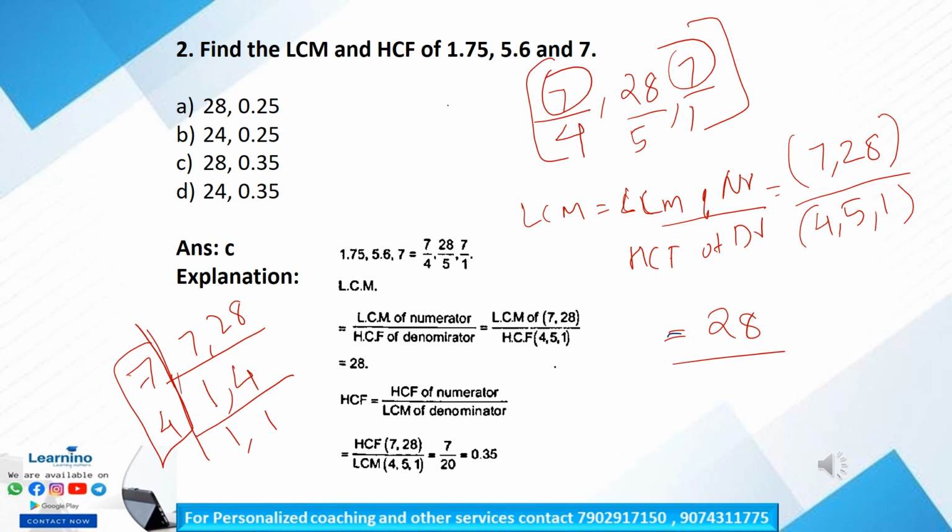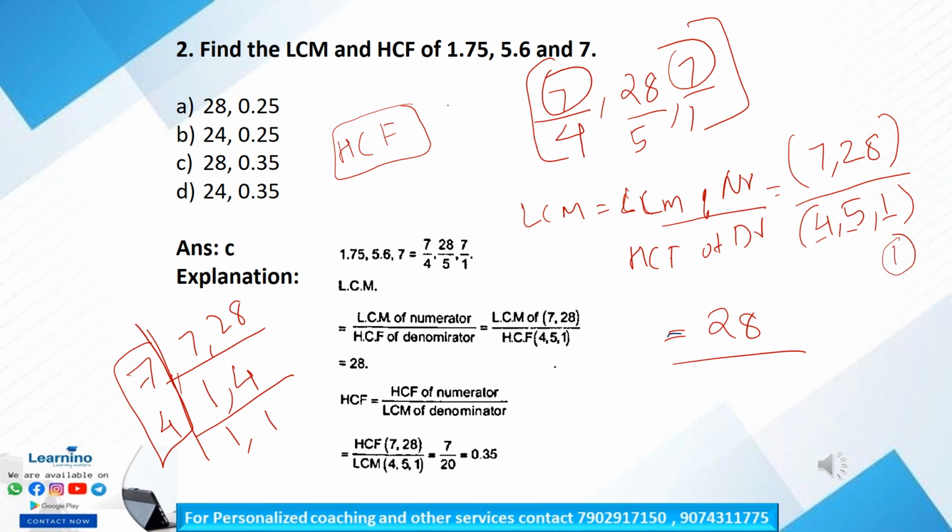Okay, so what is the HCF of 5, 4 and 1? The HCF is the highest common factor. The highest common factor that divides 4, 5 and 1 is 1 alone, right? So 1 can divide 4, 5 and 1.